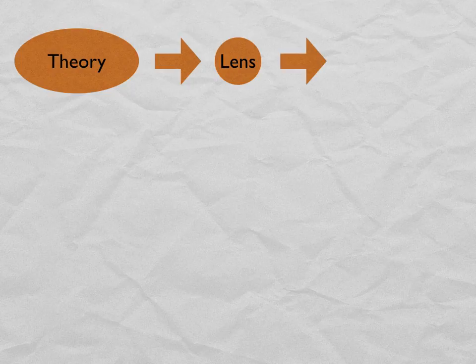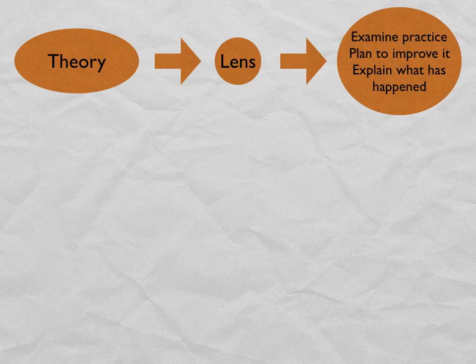Okay, so if you want to summarise the work of this module in a little picture, I'd say what we're trying to do is put theory and practice into a dialogue with each other. So we think about theory, and you can imagine it being like a little lens that you look through at your practice, and it helps you do three things.